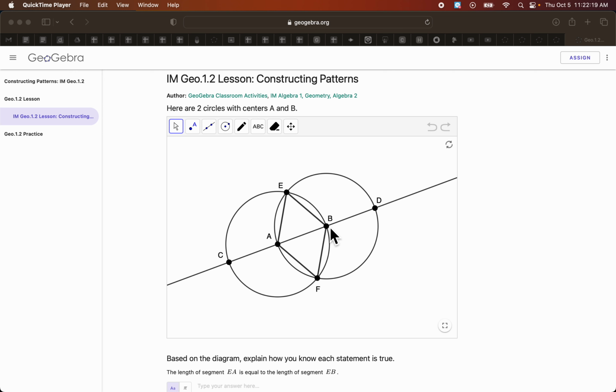That means that all the radiuses for each one of those circles have to be the same. So AF is a radius for circle A, AB is a radius for circle A, and BA is a radius for circle B, and BF is a radius for circle B. Since all three of these radii have to be the same length because the two circles are the same size, then therefore this triangle ABF has to be equilateral.